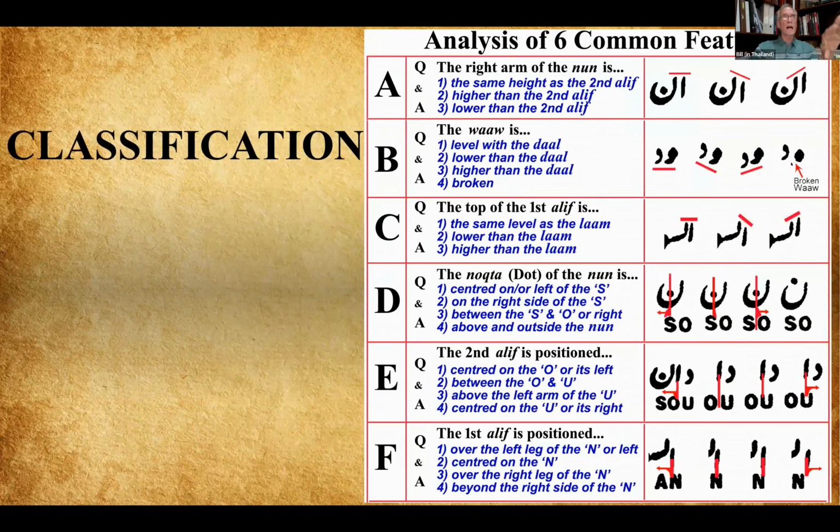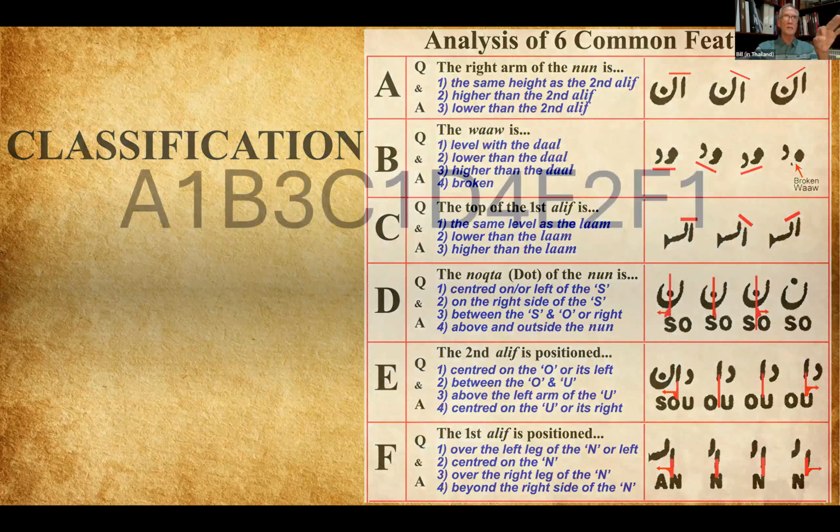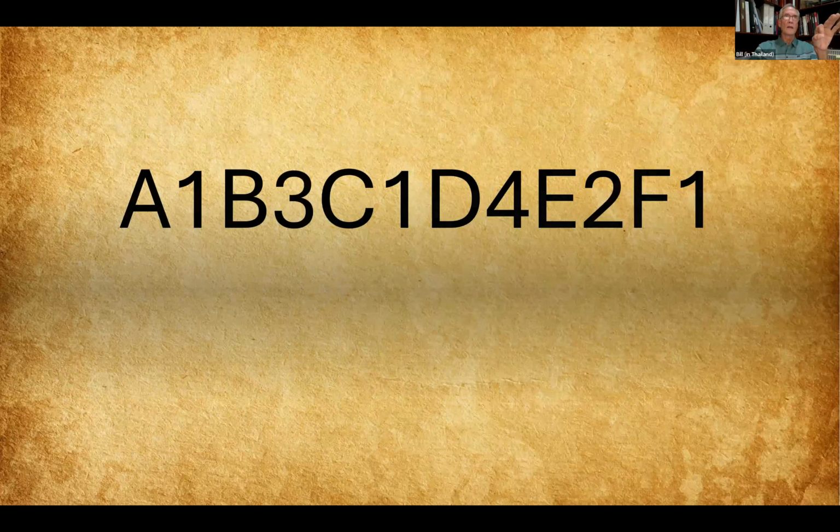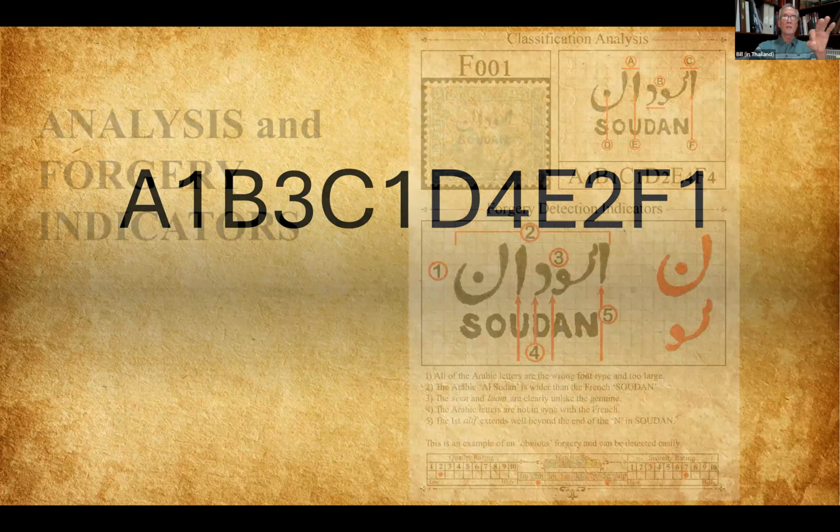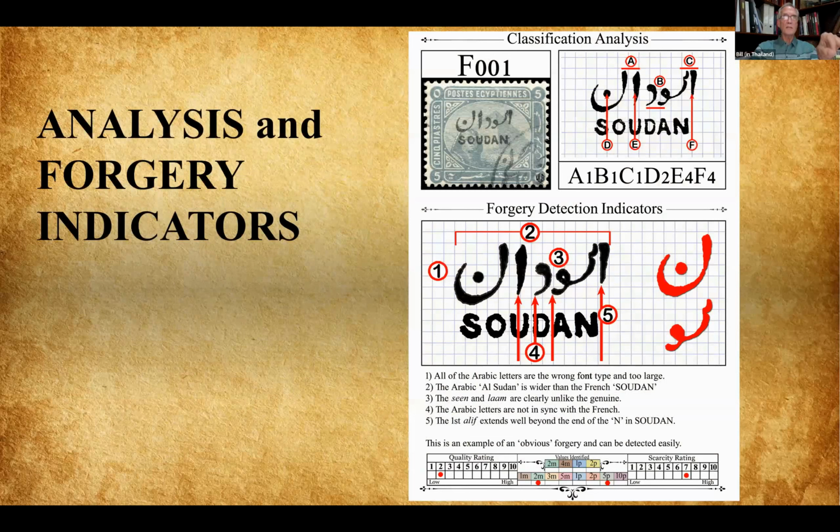I have a classification system for forgeries, and each in the system entails looking for 22 key physical aspects which result in an alphanumeric label, such as this. Ultimately, I combine details of both the classification and detection process into a single page for each forgery.